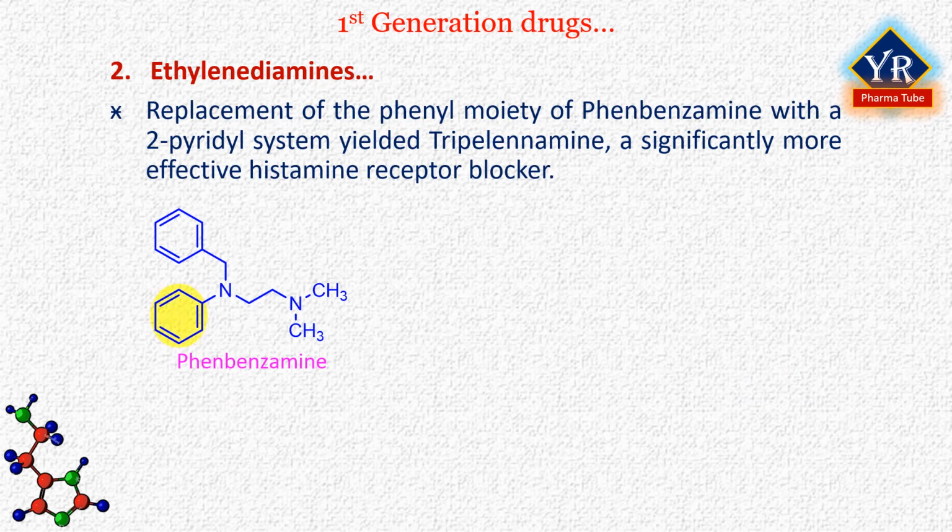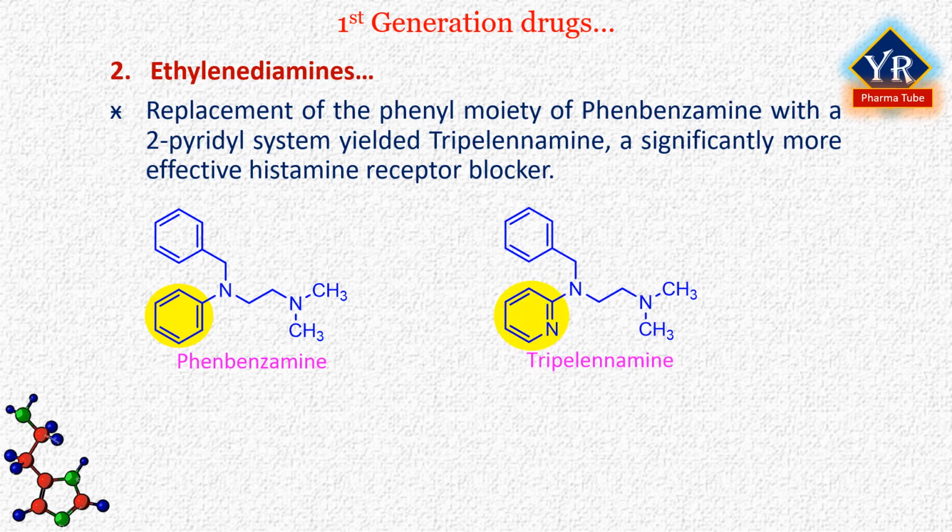Replacement of the phenyl moiety of phenbenzamine with a 2-pyridyl system yielded tripelennamine, a significantly more effective histamine receptor blocker. Substitution of a para-methoxyl group produces pyrilamine or mepyramine, a chloro group produces chloropyramine, or a bromo group produces bromotripelennamine, which results in a further enhancement in activity.